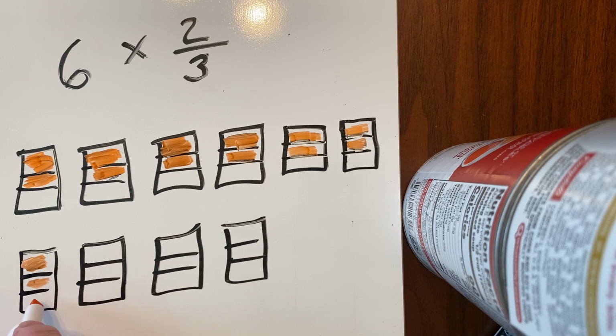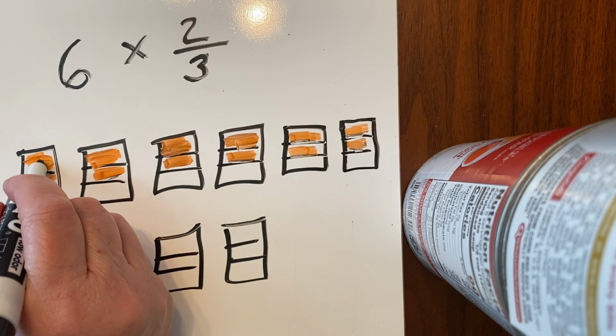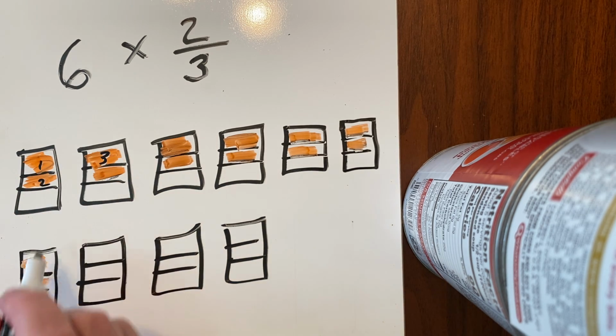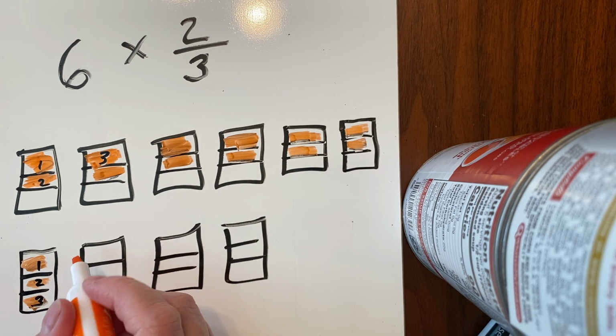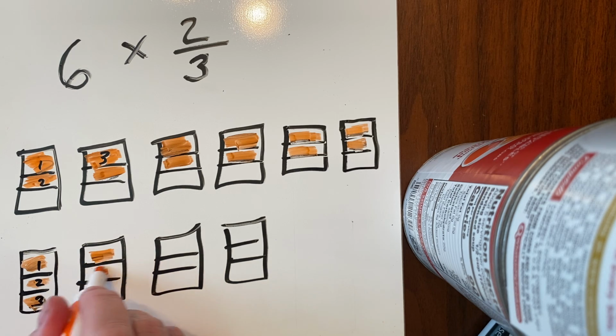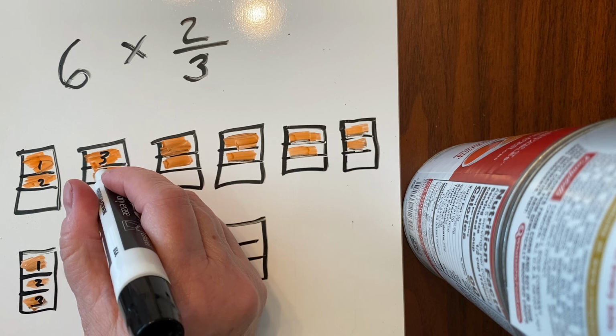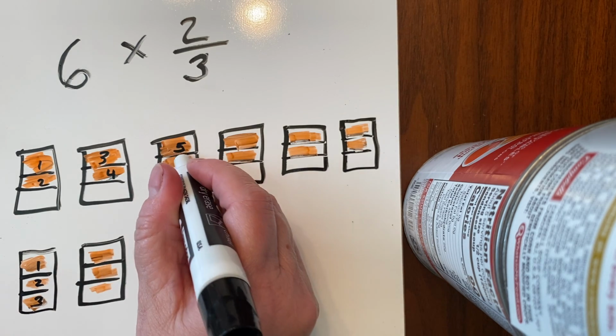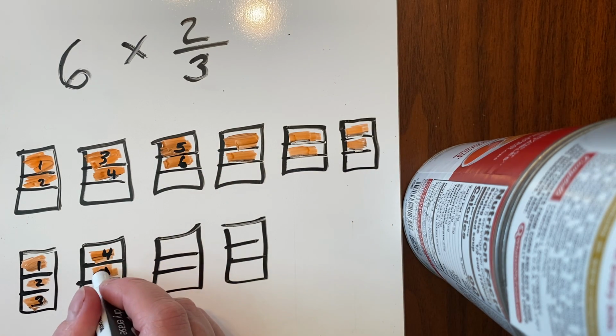And then I'm going to take this one over here and fill in this bottom one. So this gives me 1, 2, and 3 right here. Then I'm going to do the next 3 and fill in these blocks right here. 1, 2, and 3. And this would be 4, 5, and 6.